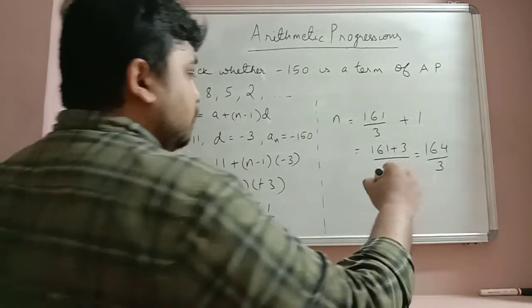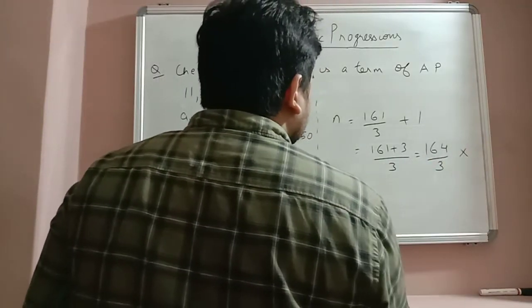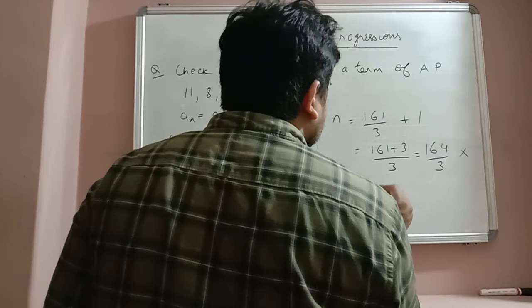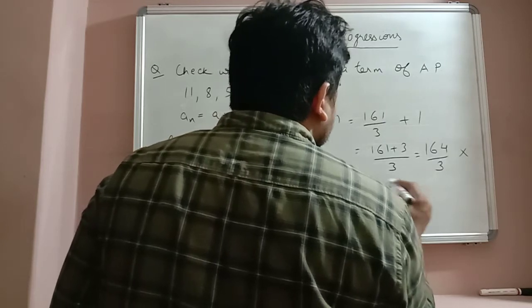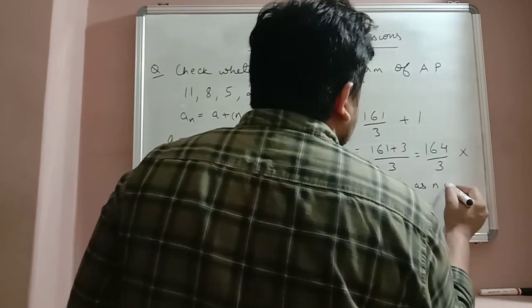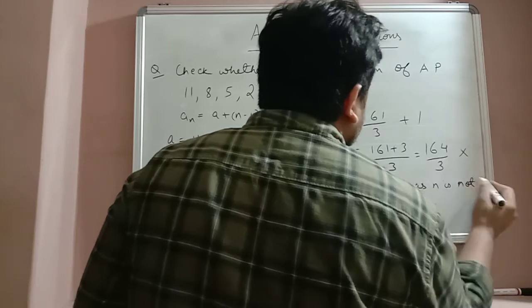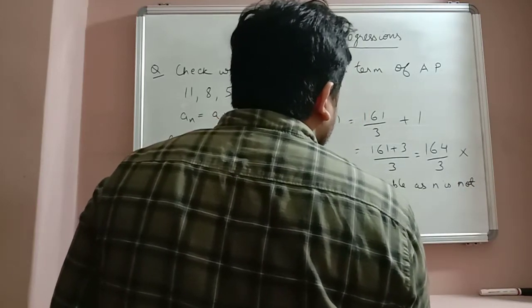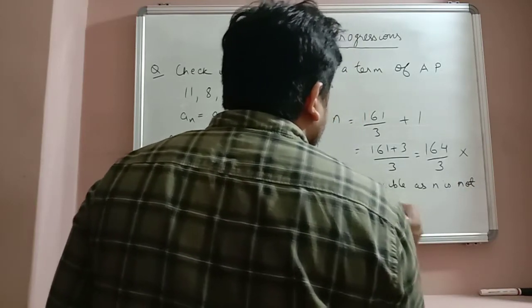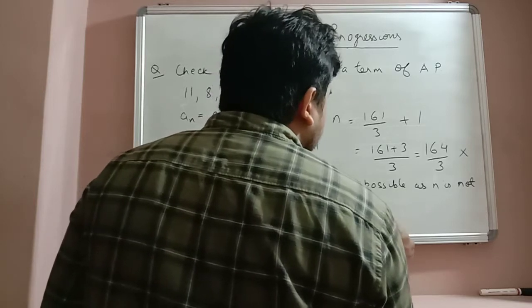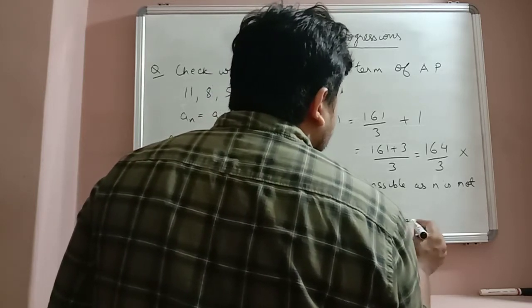So this is not possible. N is not an integer. Minus 150 is not a term of the AP.